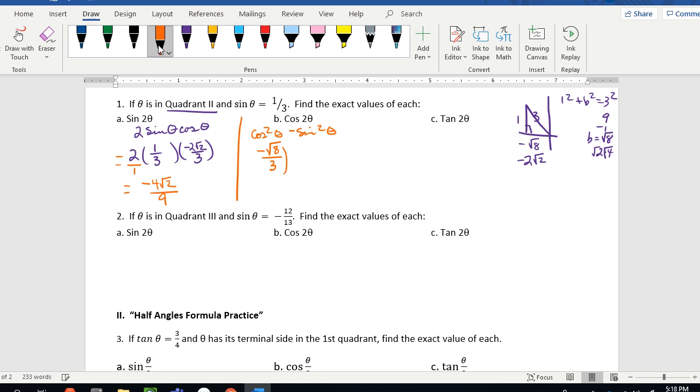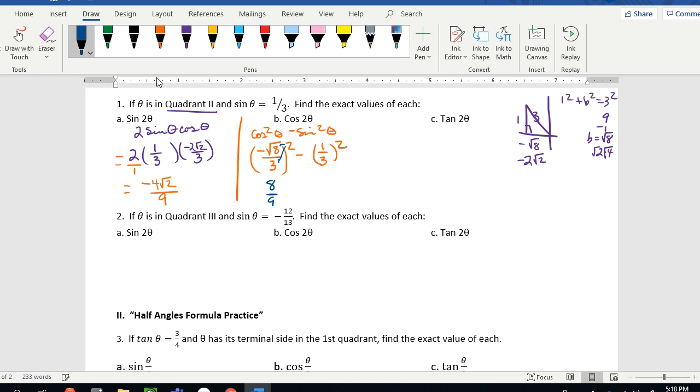Over 3 squared minus 1/3 squared. If you look at this, you will understand why I left it as the square root of 8 instead of 2 root 2. When I square the square root of 8, it just becomes 8, and this is over 9. 3 squared is 9.